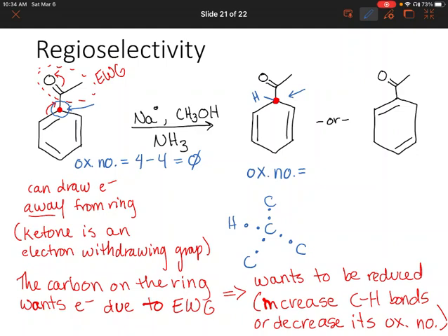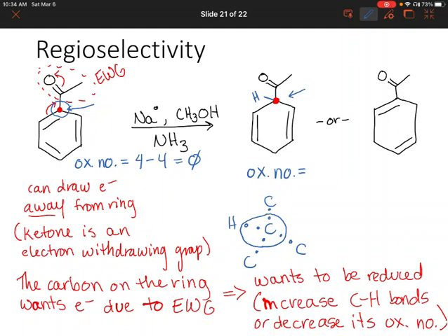In this case, carbon is completely sharing its electrons with the other carbons, but when we consider hydrogen, carbon is more electronegative, so it's going to take ownership of both of those shared electrons.